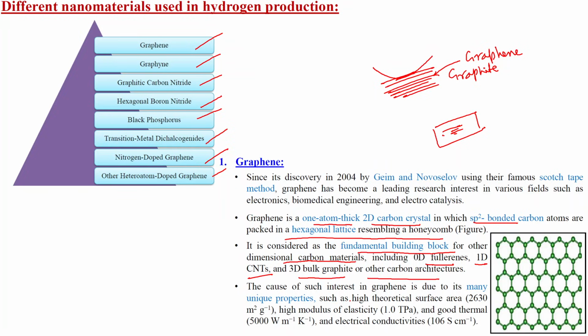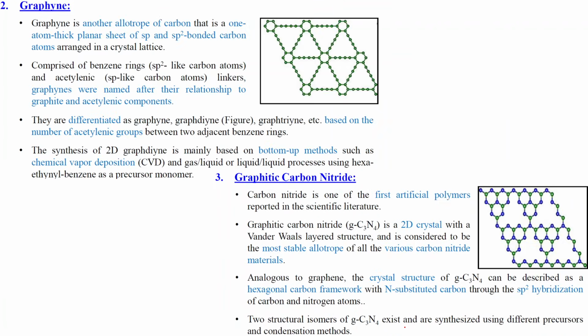So the reason why graphene is of so much interest is because it has various unique properties such as high theoretical surface area, that is around 2630 meters square per gram. Then high modulus of elasticity, good thermal conductivity, good electrical conductivity. So all these properties make it such a versatile material that it is used in mostly all the applications right now.